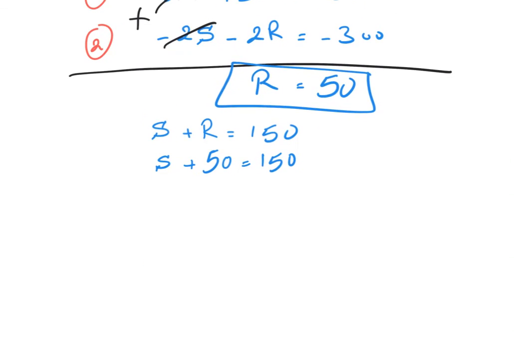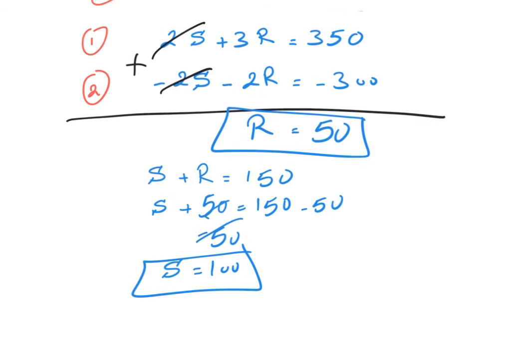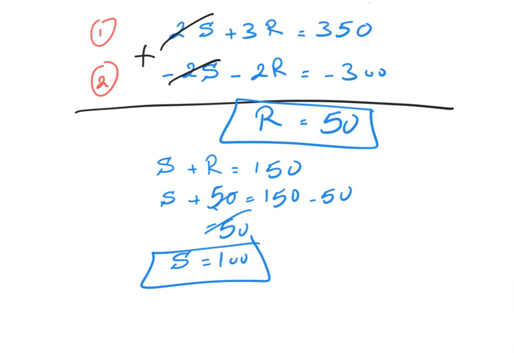We subtract 50 on both sides, and S will be 100, right? So now we have answered the question: Elias purchased 50 rectangular blocks and 100 square blocks. The total is 150 blocks altogether.